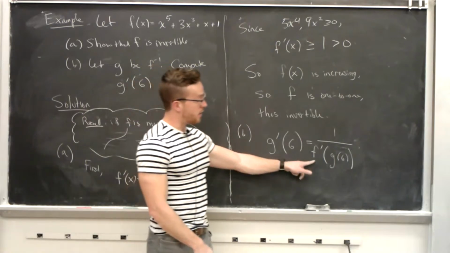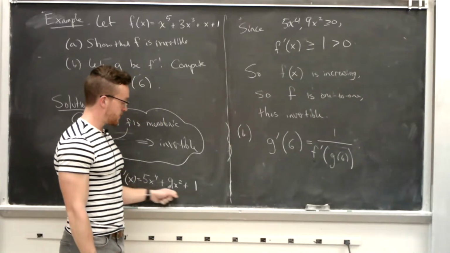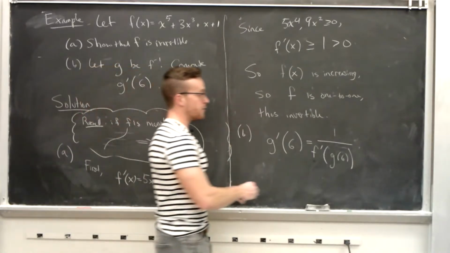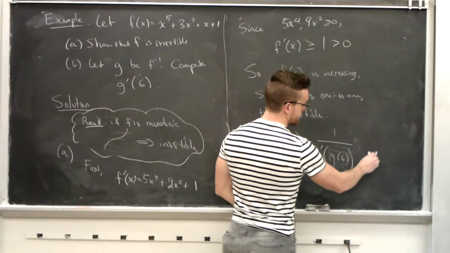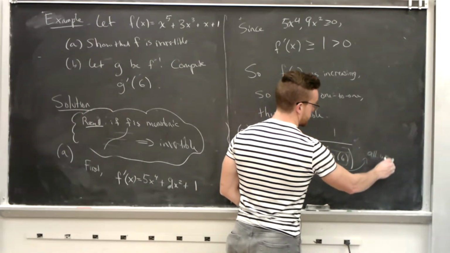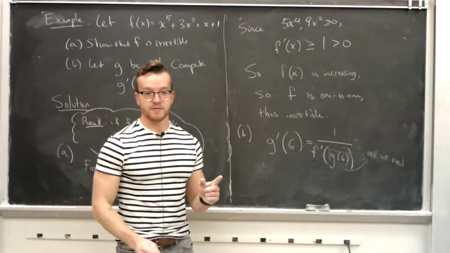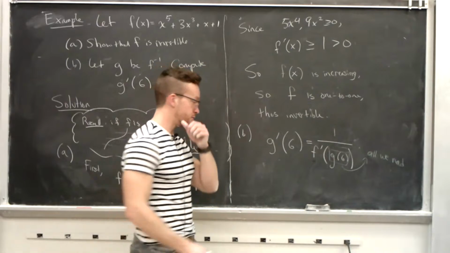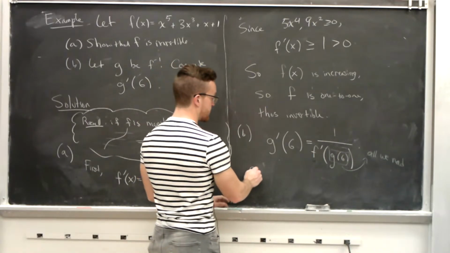Now, f prime we already have, right? So the only thing we need now is g of 6. If we can figure out g of 6, we're in good shape. What is g of 6?